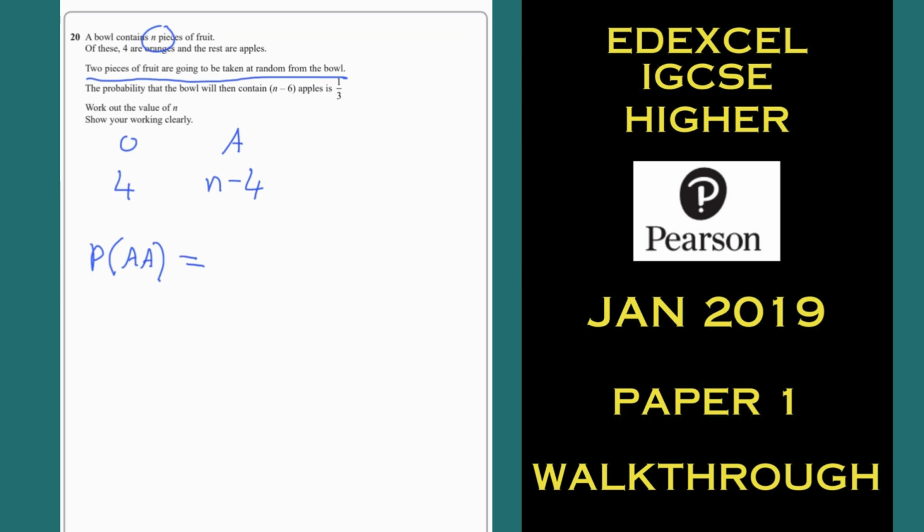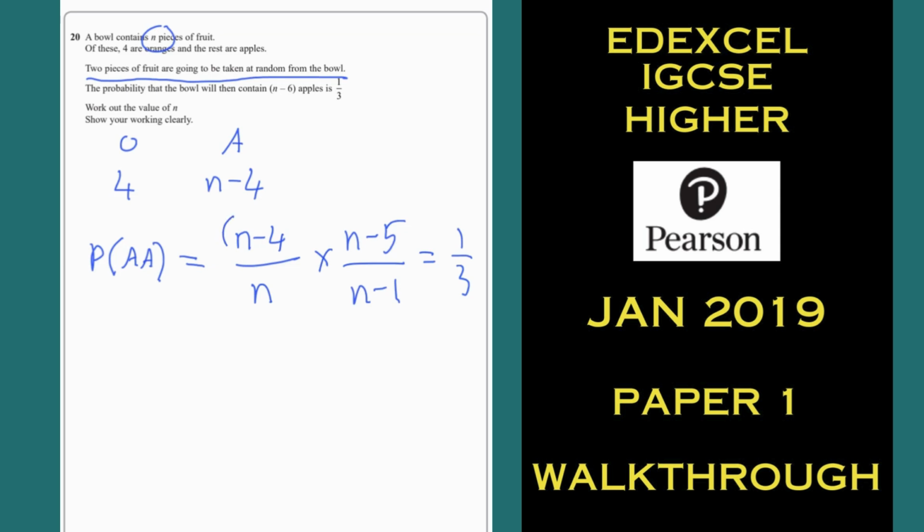So, probability of getting 1 apple is n minus 4 over all the fruit multiplied by 1 fewer apple over 1 fewer of the fruit. Yes, it's an algebra question, and that's equal to 1/3.